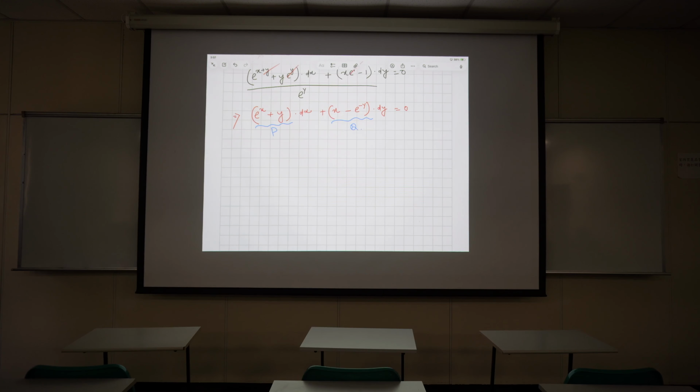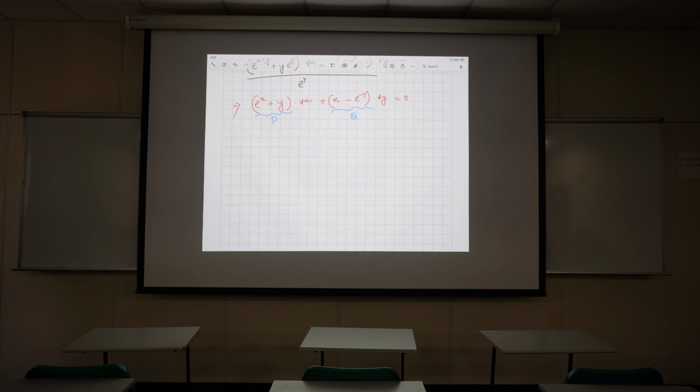Then you have to just calculate dP by dy and dQ by dx to check whether they are exact or not. If I do that, dP by dy is 1. dQ by dx is also 1.